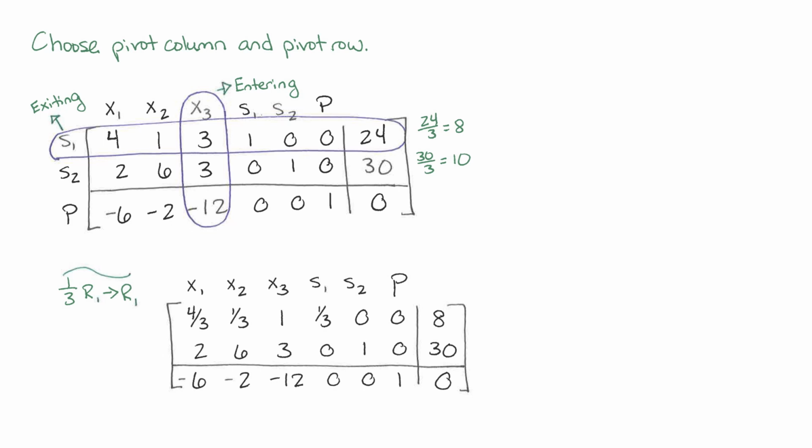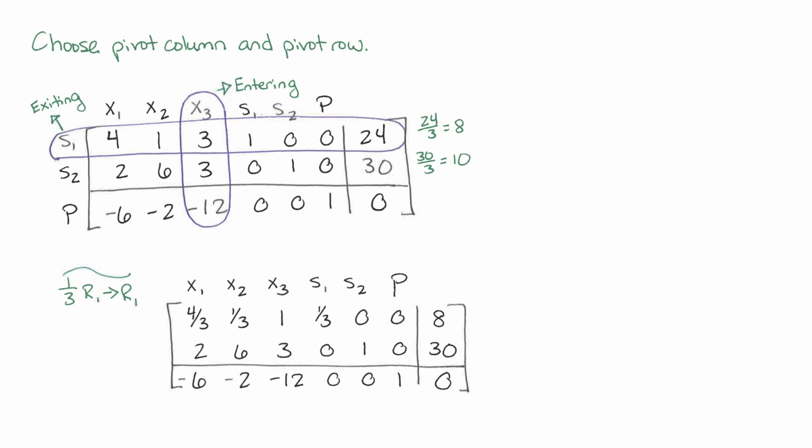So either row is eligible. Now we want to find the smallest quotient. 24 over 3 is 8. 30 over 3 is 10. So row 1 gave us the smallest quotient, and S1 represents row 1. So it is the exiting variable.